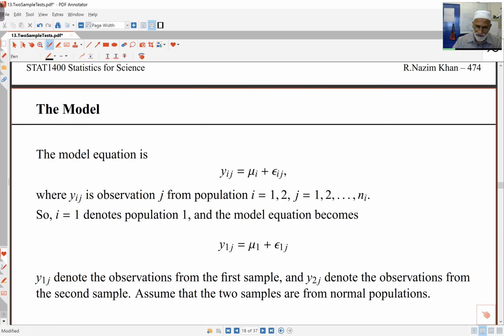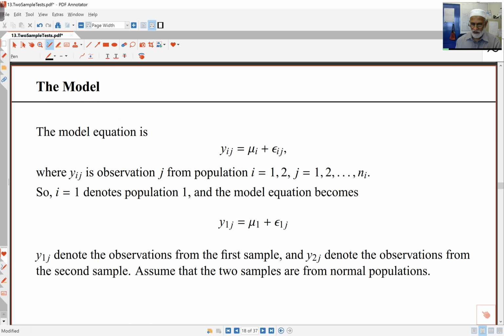So here the model, if I can write the model equation down here, is y_ij is mu_i plus e_ij. Here the i represents the population or the group number, and the j represents the observation number.